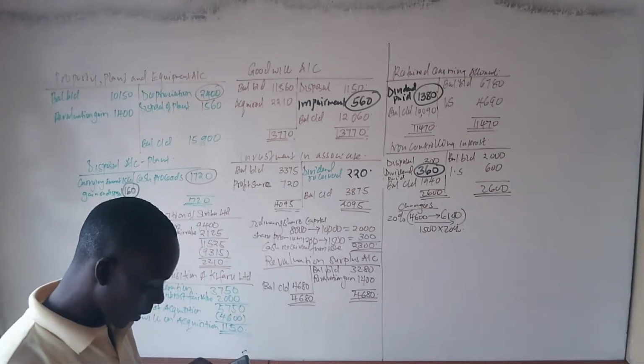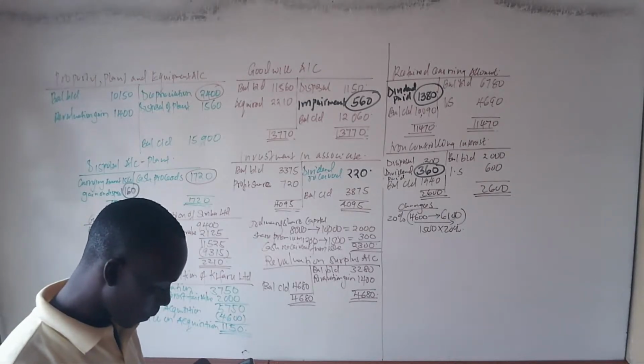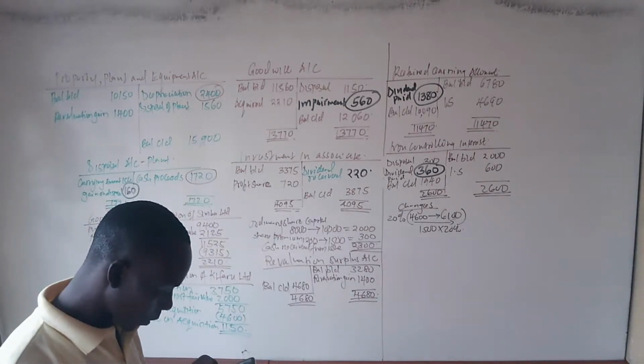Once we have evaluated the non-controlling interest, the next thing is what?